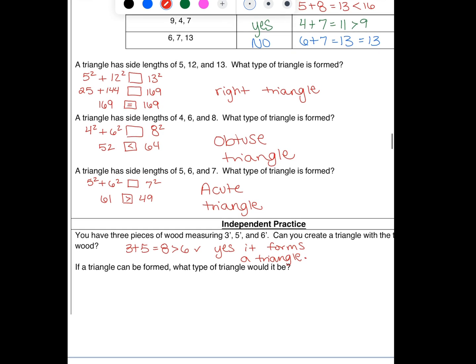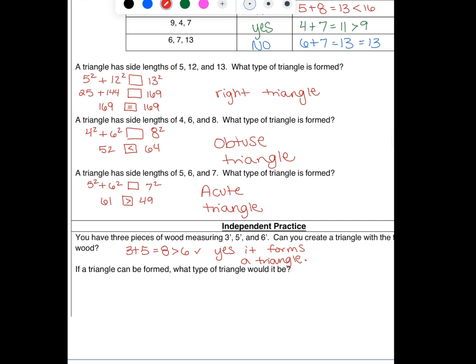It asks, if a triangle can be formed, what type of triangle would it be? Now that we know it can be a triangle, let's figure out if it's going to be right, obtuse, or acute.